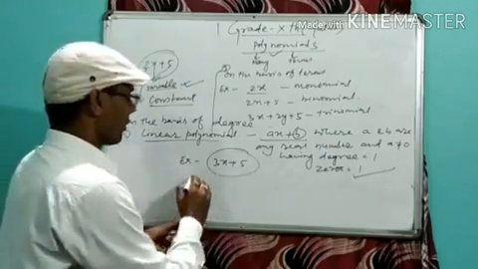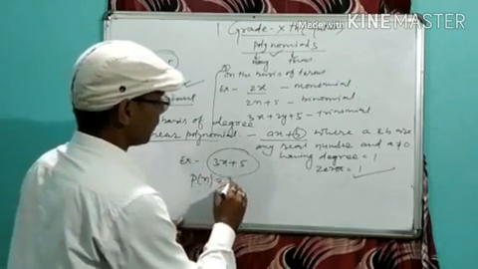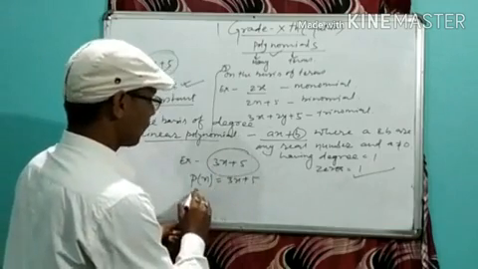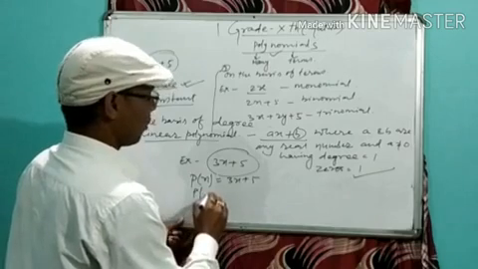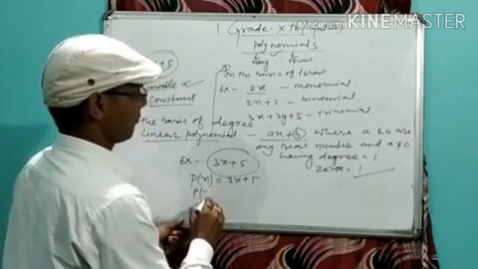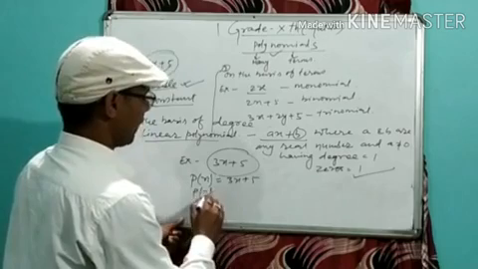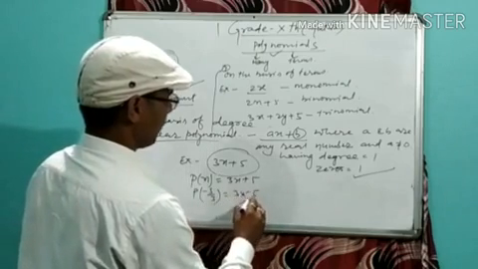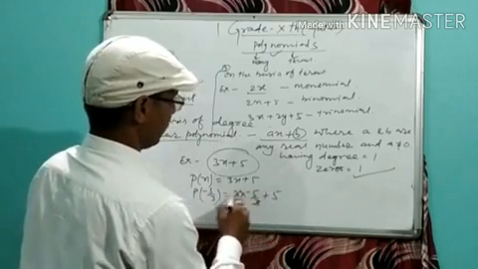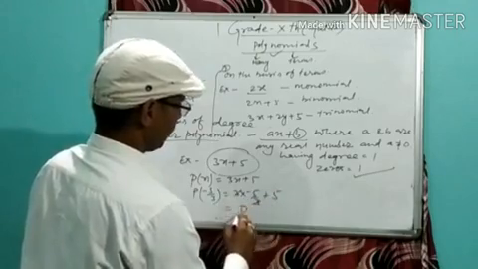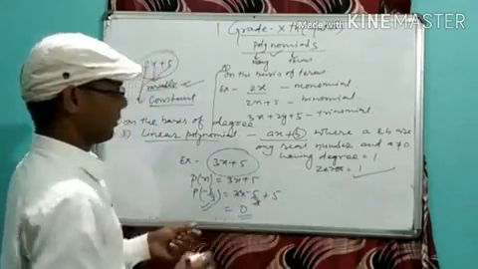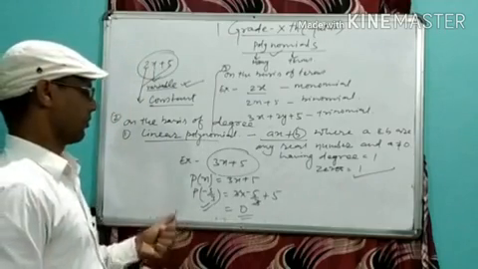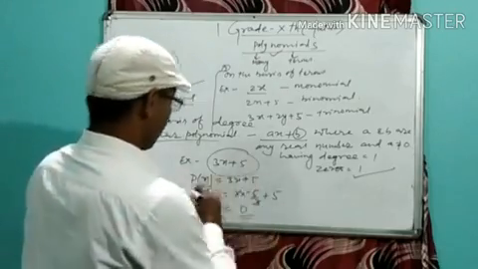You can guess. Suppose p(x) is equal to 3x plus 5. Which value will satisfy? p of minus 5 by 3 is 3 into minus 5 by 3 plus 5. This will cancel, giving 0. Certainly minus 5 by 3 is the zero of this polynomial.